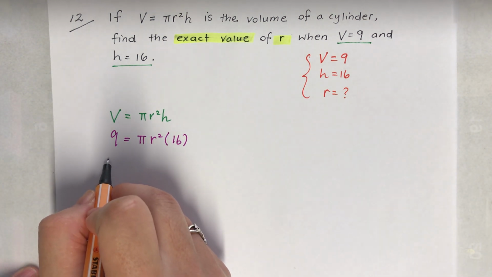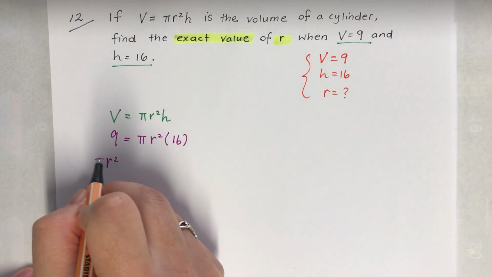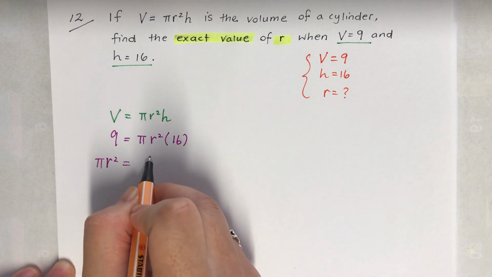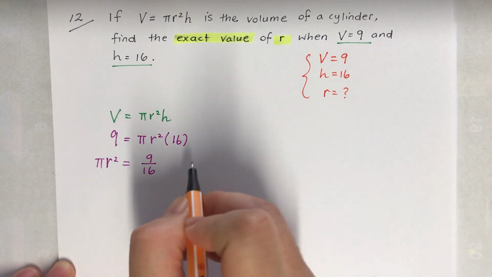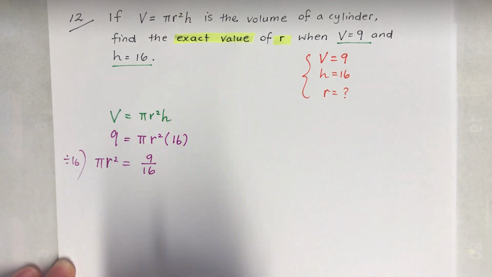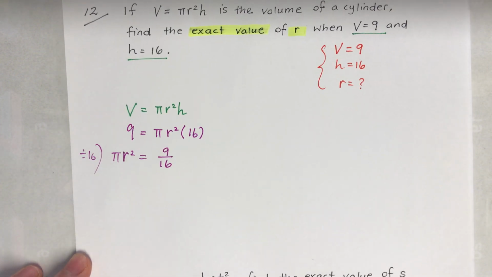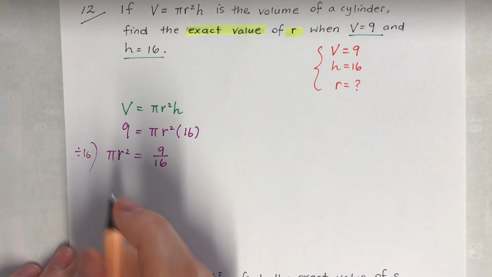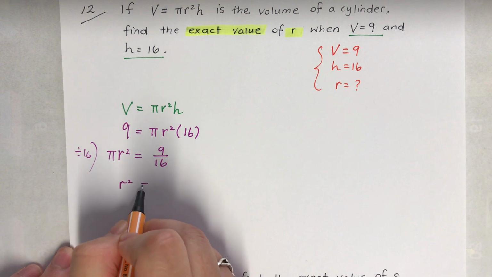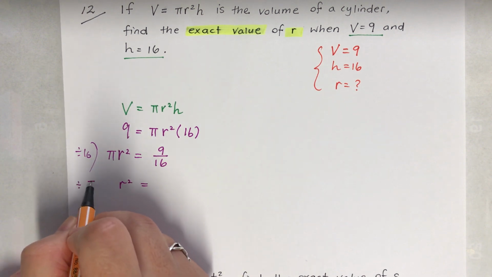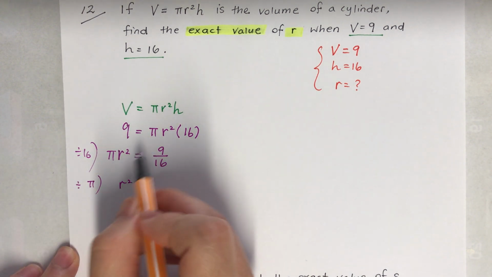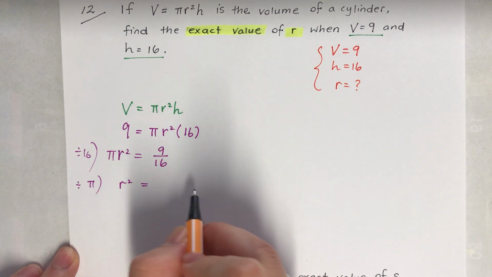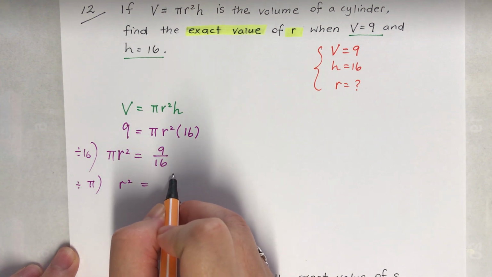So it'll be pi r square equals 9 over 16 if I divide by 16 on both sides. Okay, and then r square equals 9 divided by 16 pi.